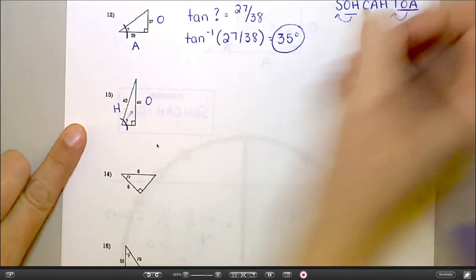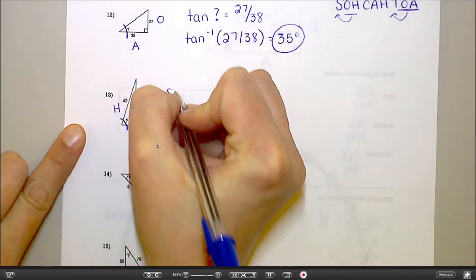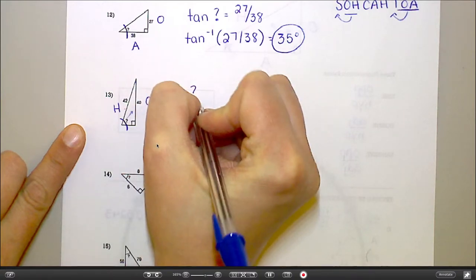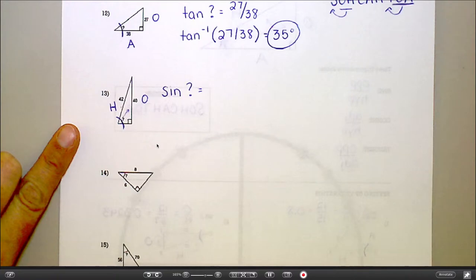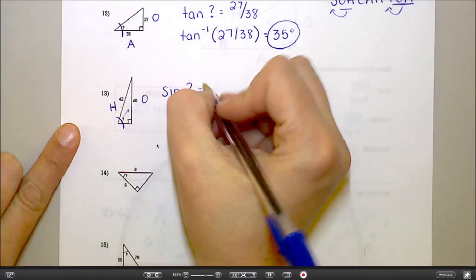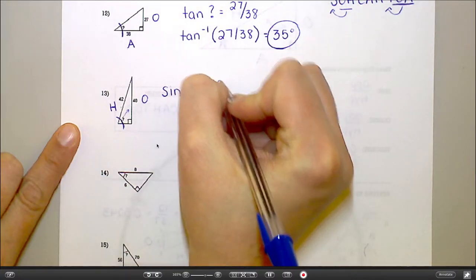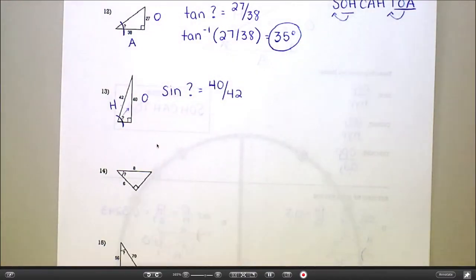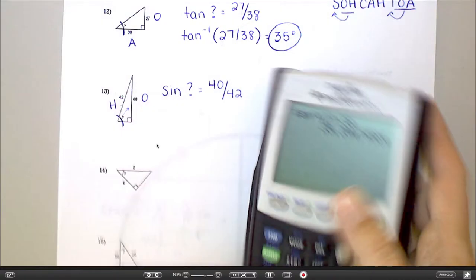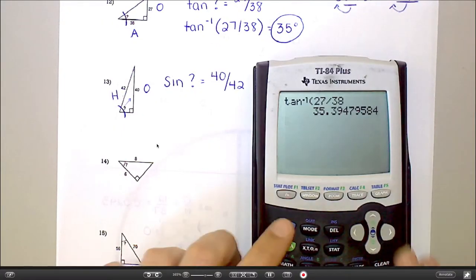So I'm going to set up, and I'm going to say sine of my mystery angle is what over what? 40 over 42. And how do I say, oh, calculator, what angle has that sine? Okay, so I'm going to hit second sine.